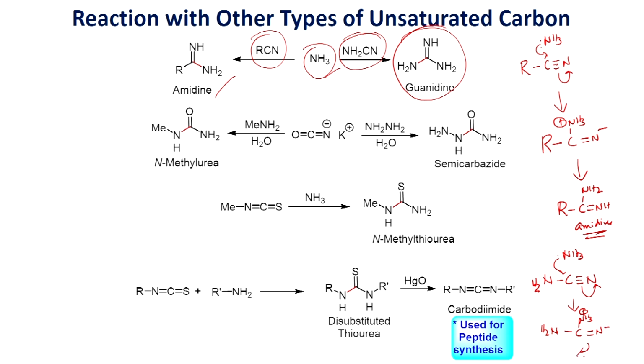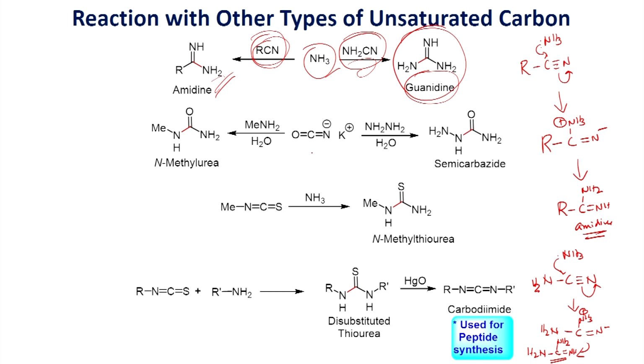So, this can readily transform into this guanidine as a product. Therefore, if you have ammonia, this can be readily added to nitrile to give the corresponding addition product. If you have simple nitrile, alkyl nitrile, then you will be able to form the amidine. On the other hand, if you have the cyanamide, then you will be able to form guanidine as a product.